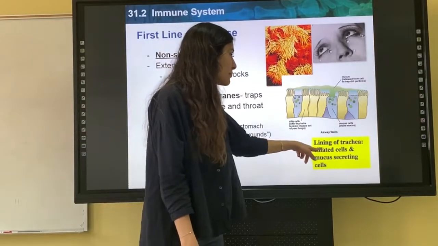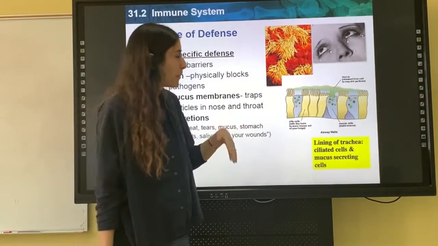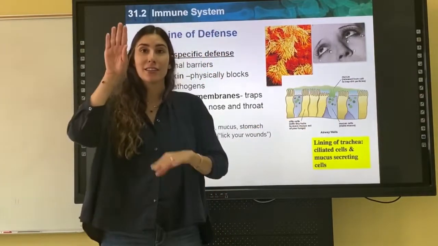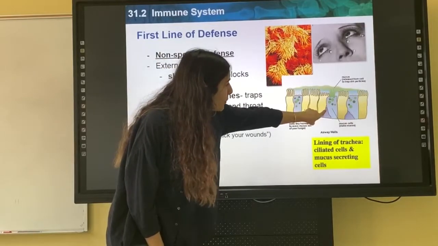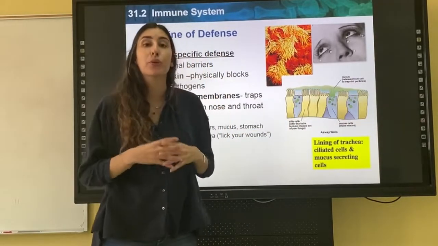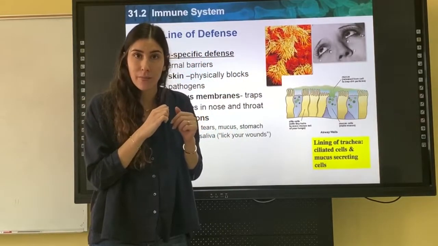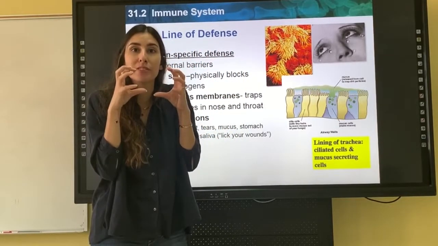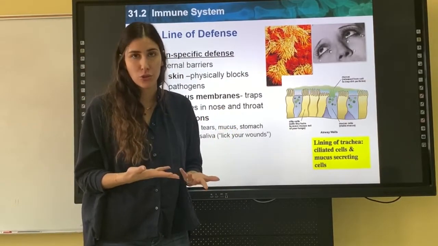You also have these mucus-secreting cells. They're known as basal cells if you want to be more scientific, okay? But essentially, next to the cilia, so this is the cilia in yellow, next to it in purple are these cells that produce mucus, so that as the cilia moves the dust and pathogens, the mucus traps it, so it doesn't go anywhere. And then the white blood cell might come and destroy it.